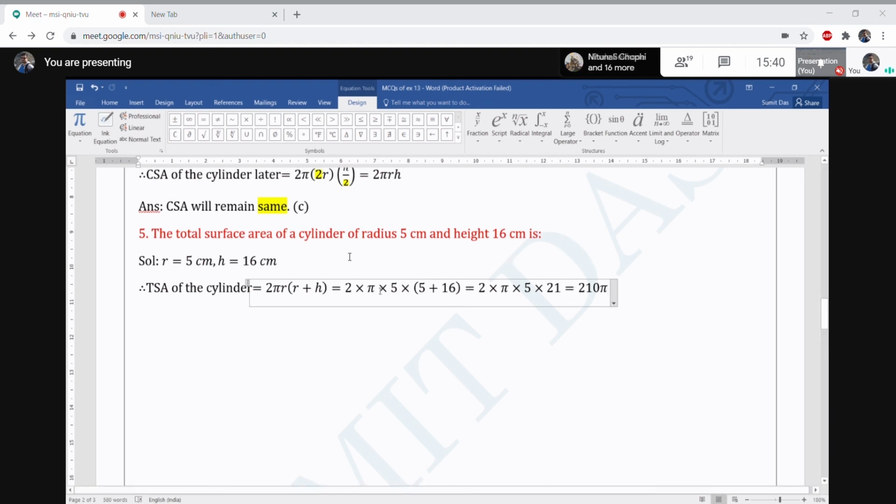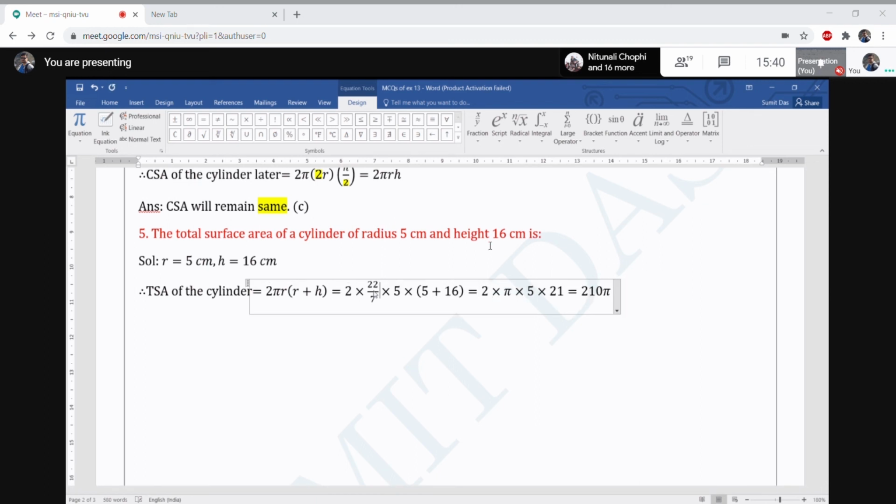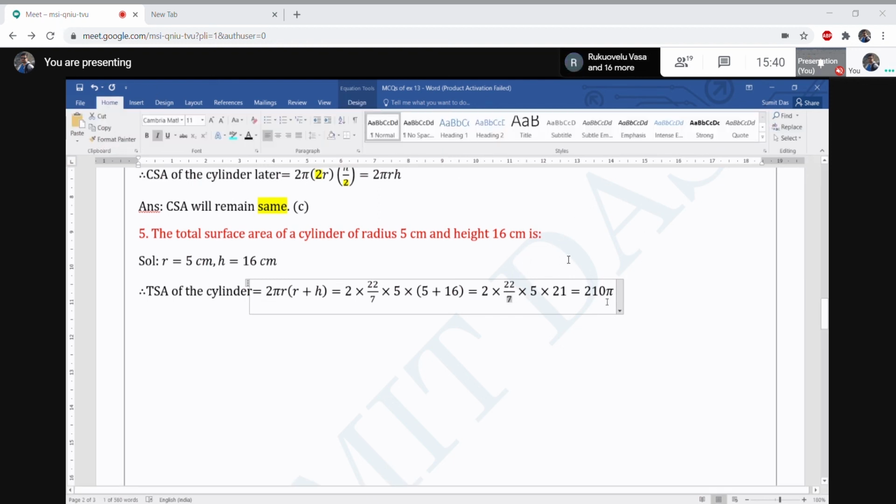Oh, yes, yes. If you put the value, sorry, if you put 22 by 7, the 7 and 21 will be cancelled. So what will remain? Remain will be 2 into 22 into 5 into 3. If you simplify this one, it will be 66 into 10. Okay. Always try to multiply 5 into 2 and 22 into 3.